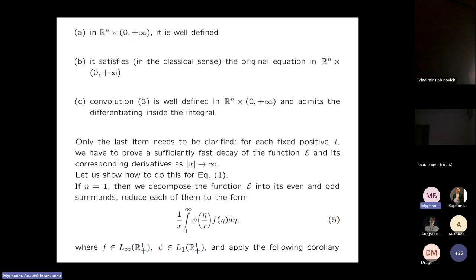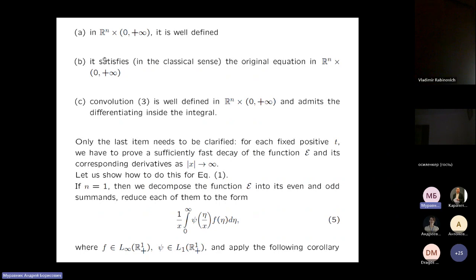is well defined in this half space, and it satisfies the original equation in this half space in the classical sense. Excuse me, A and B refer not to the convolution but to the kernel.